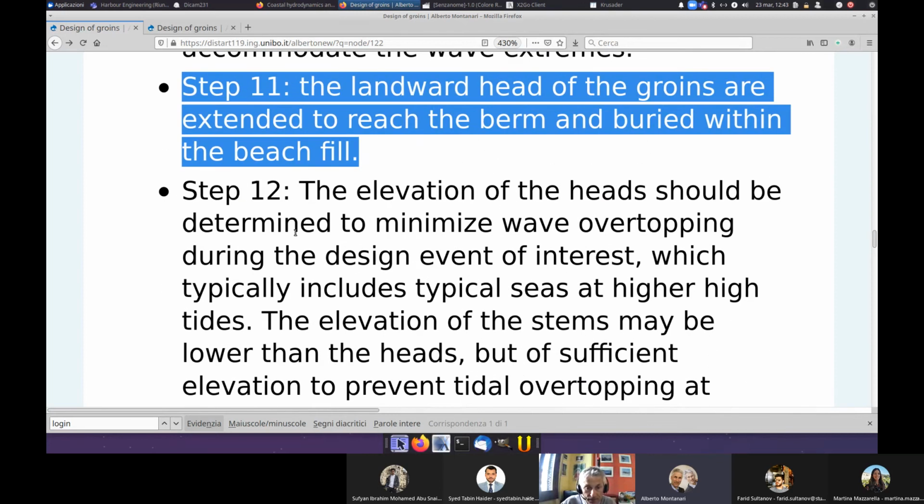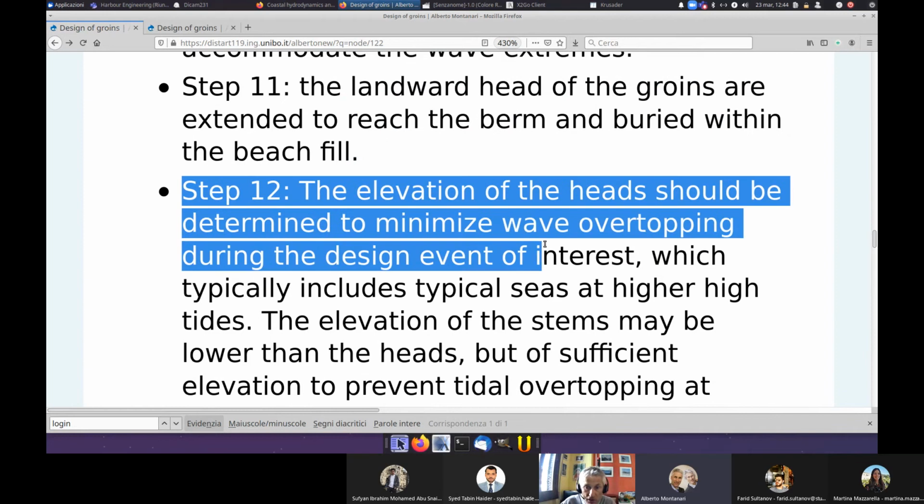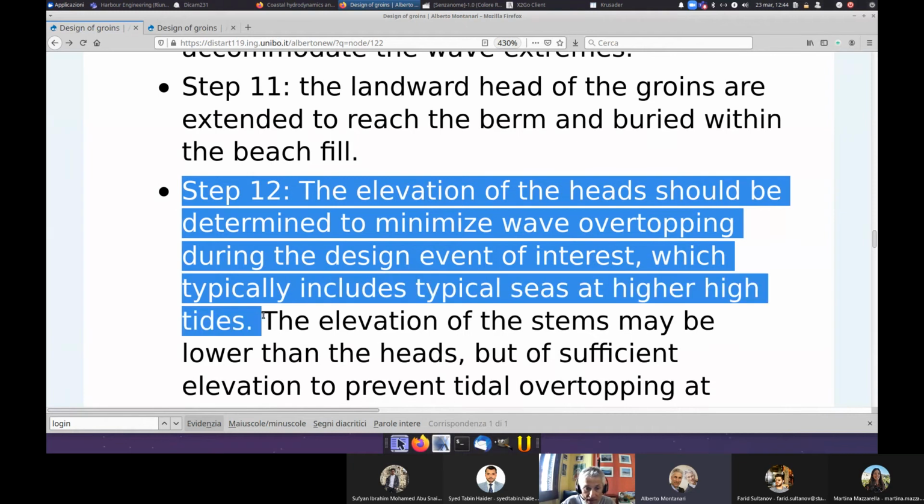Step 12, the elevation of the heads should be determined to minimize wave overtopping during the design event of interest, which typically includes typical seas at higher high tides. So what does this mean? You have to make sure that for a reference event corresponding with the higher high tide, the groins are not overtopped.